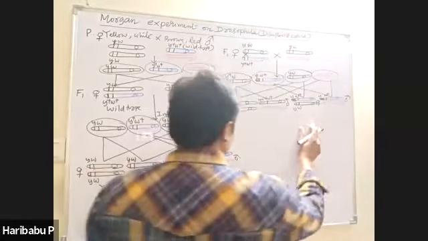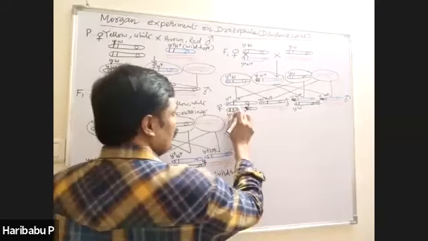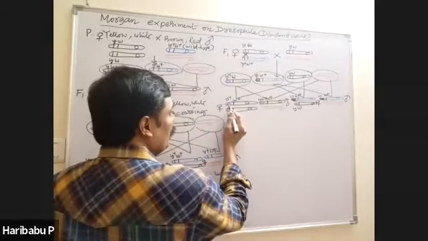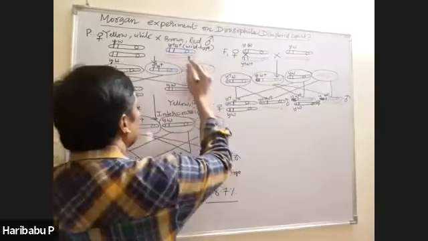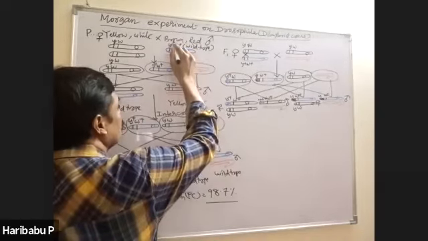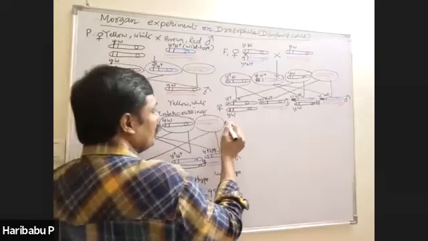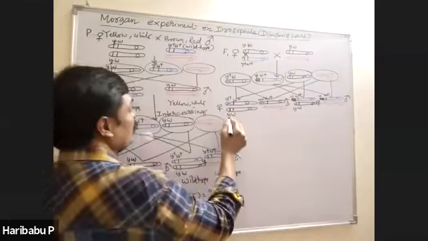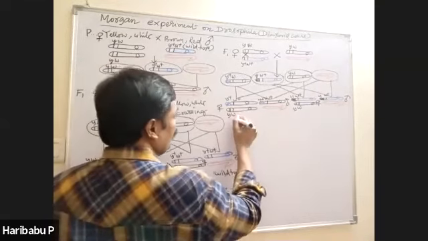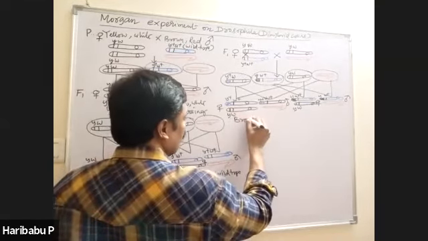Let us see. These are Y plus, Y. What is Y plus? Brown, dominant over yellow. Clear. Therefore, you have to write brown here.